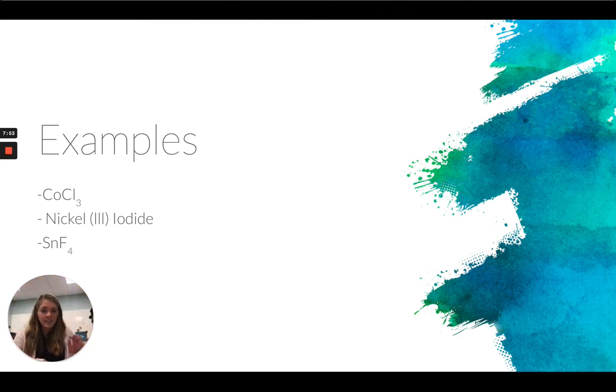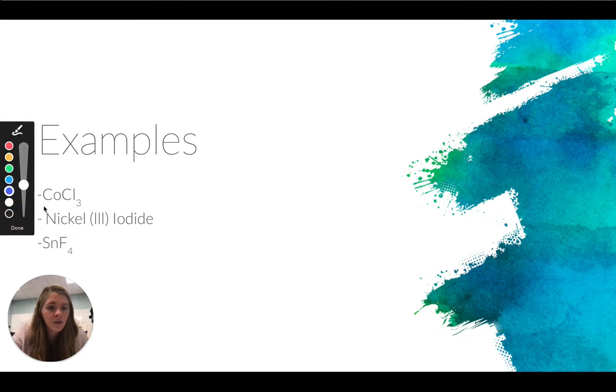According to our rules, it doesn't have a set number of valence electrons. But if we look here on our given CoCl3, where did this number 3 come from? It came from cobalt.